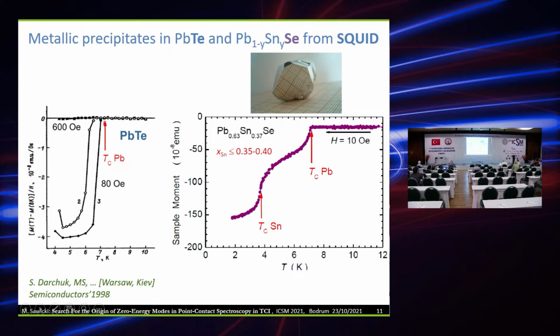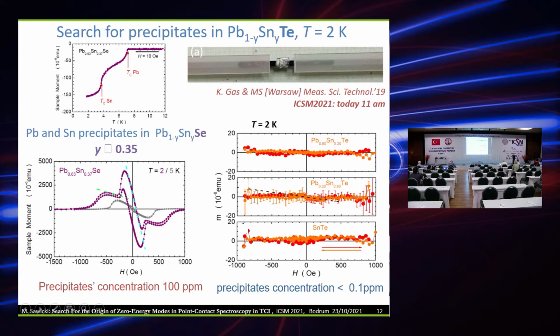But these are different samples, so we knew that the precipitates were there. So we took this sample as a kind of benchmark for our technique, and we started to look for similar effects in the materials which we study in soft point contact spectroscopy, and we didn't find anything like this.